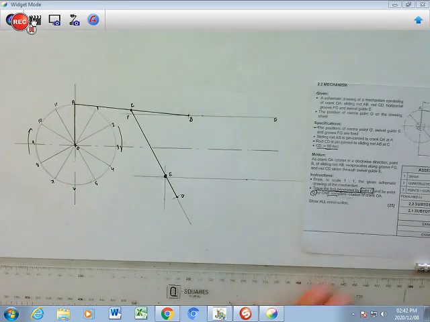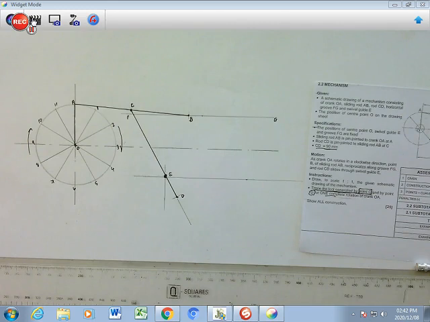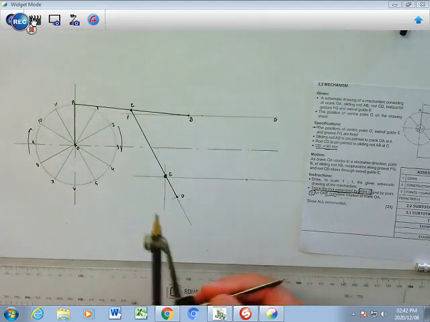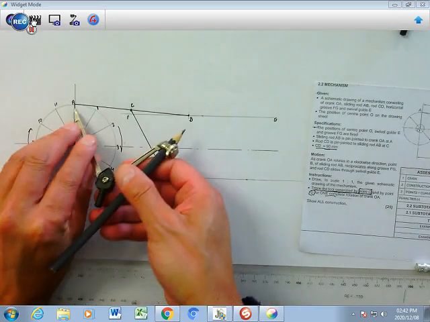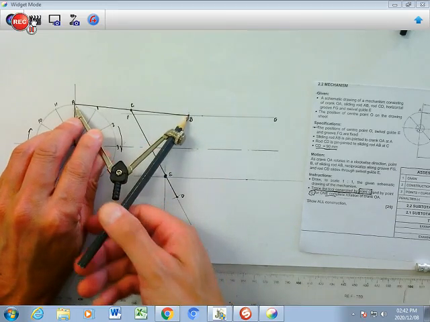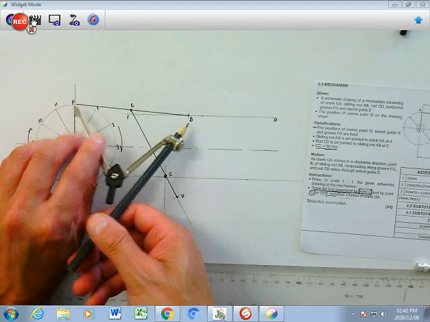Let's do that. For this exercise, I'm going to use my ruler, and I'm going to use my compass. My compass I'm going to open up to that there. That is going to be my rod AB, right?